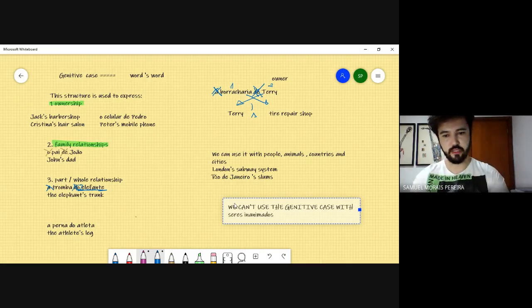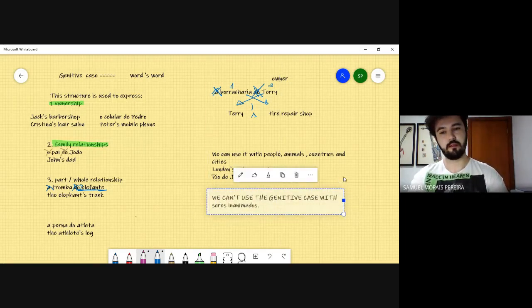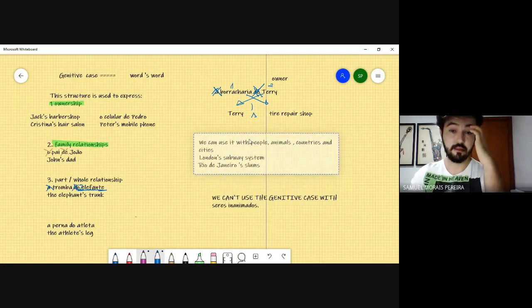So we can't use a genitive case with seres inanimados, okay? Well, so someone, what are you trying to tell us? Where do you want to get, you know? It's very simple.